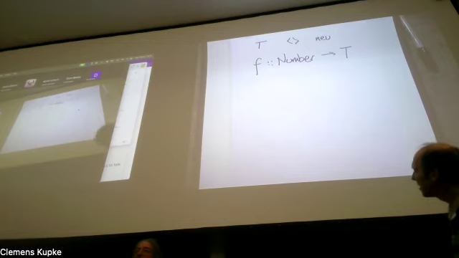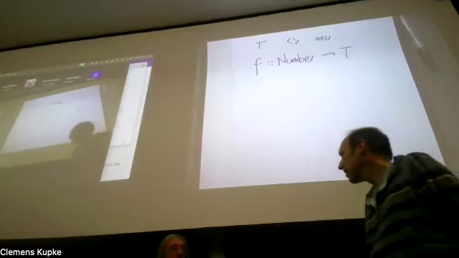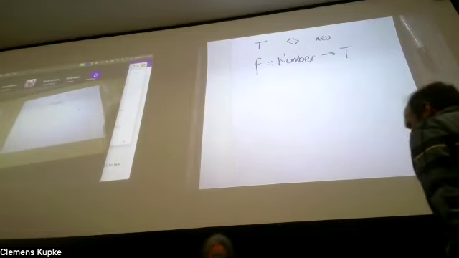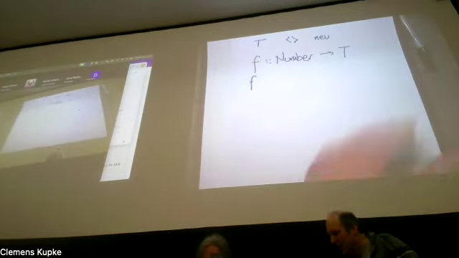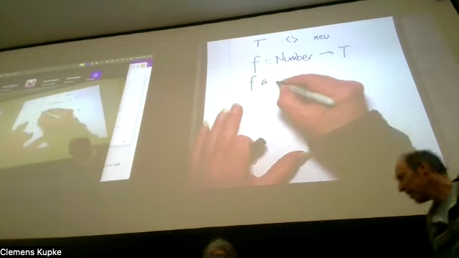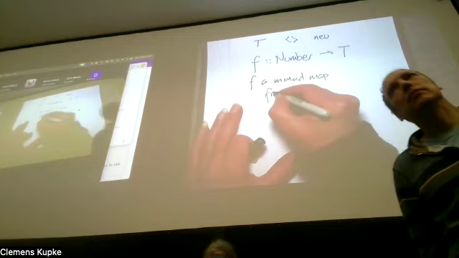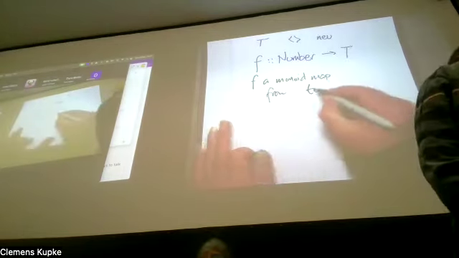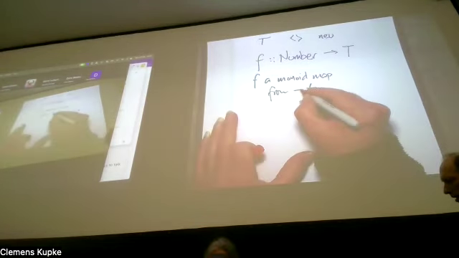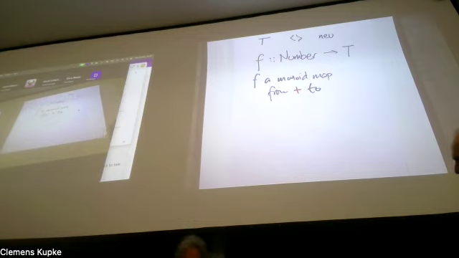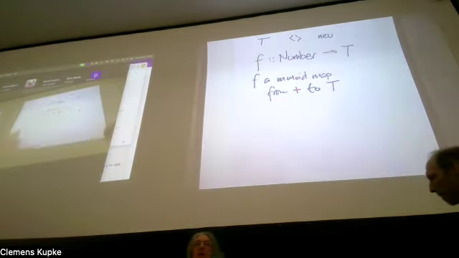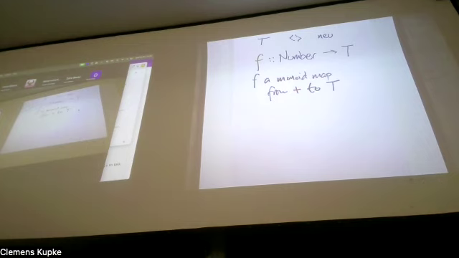Because, well, if you're told that f is a monoid map from plus to T, then what does that tell us?